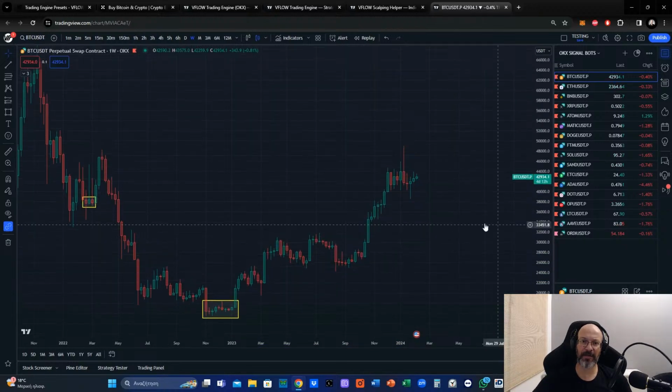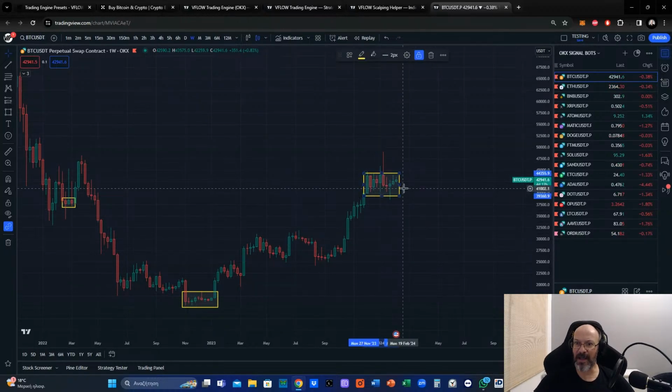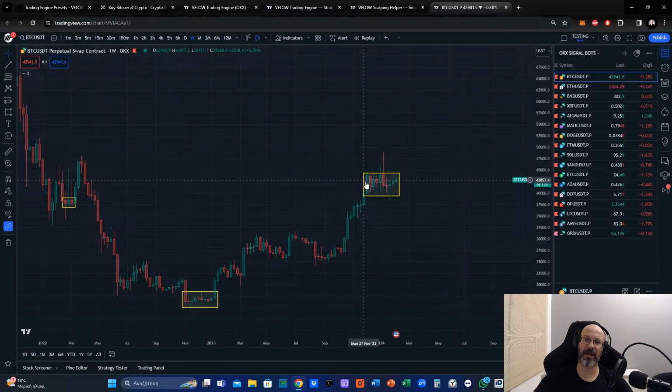Now, the interesting part is that we are now consolidating in this window, which, as you can see, is between 39 and 44,000 USDT.